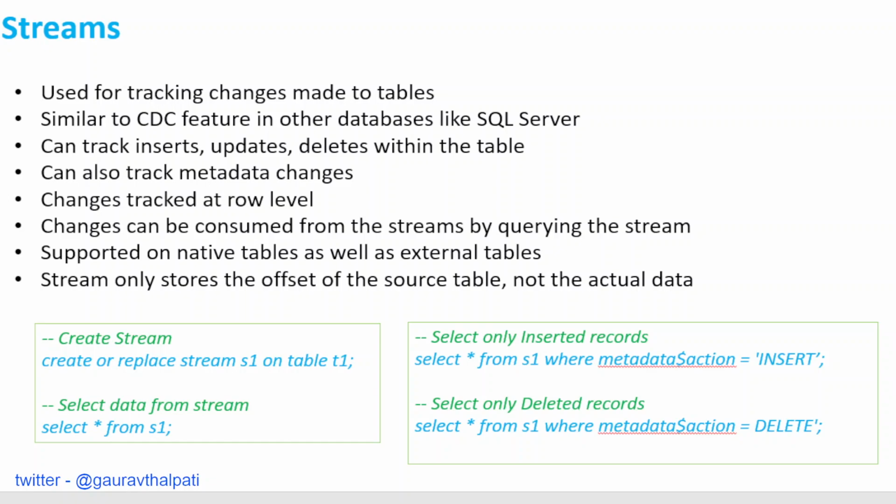But in a warehousing world, we don't really delete a record. We don't really update a record. What we maintain is history. We maintain the initial state of that record and we maintain the new state of the record. This is referred to as change data capture, and I'll give an example as well.